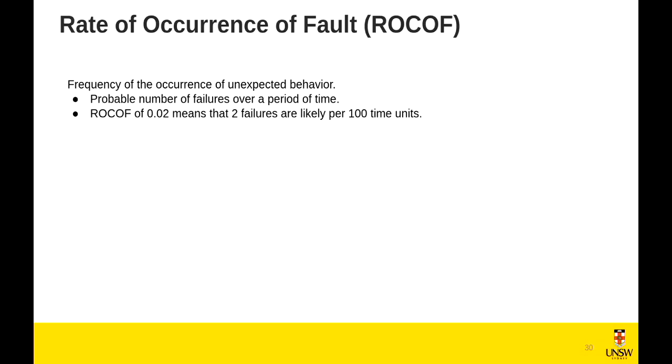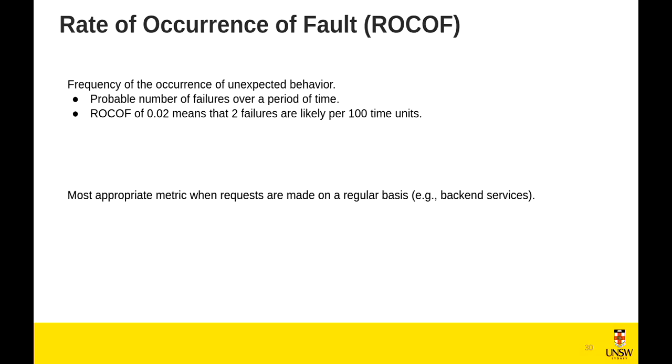A ROCOF of 0.02 means there are 2 failures per 100 time units. These time units could be seconds, minutes, hours, or days. And this is most appropriate when requests are made on a regular basis. For example, if we are running a backend service, then it's better to measure this rate of occurrence of faults.